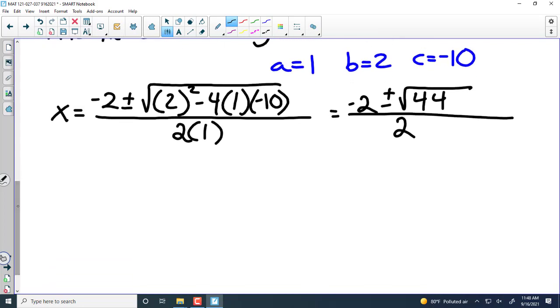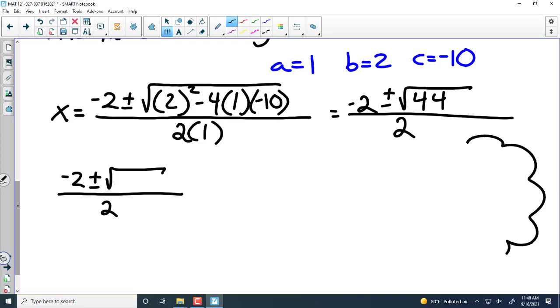Now, what I'm going to do, everyone, is show you how to properly simplify this, and I'm going to show you all the ways people mess up simplifying this. The proper way to simplify this is to look for a factor of 44 that is a perfect square. 44 is not a perfect square. But is there something you can pull out of 44 that is a perfect square?